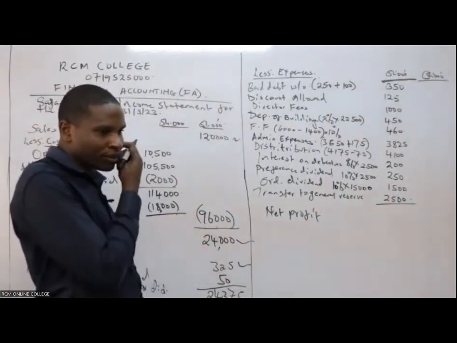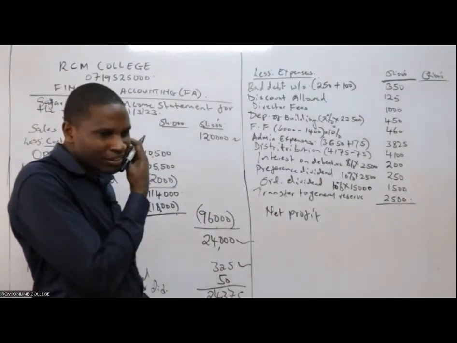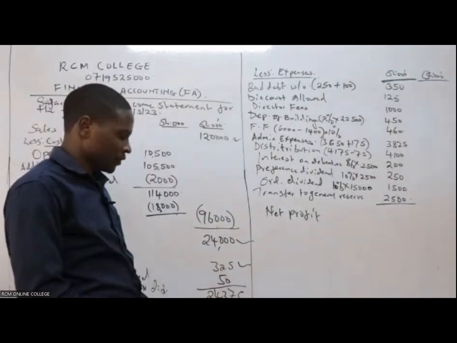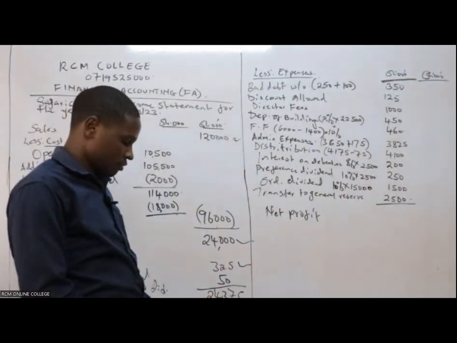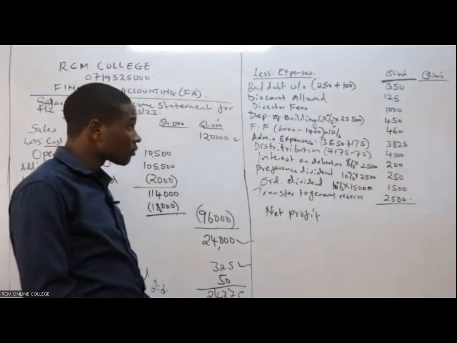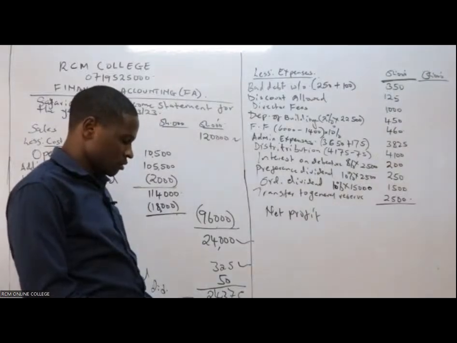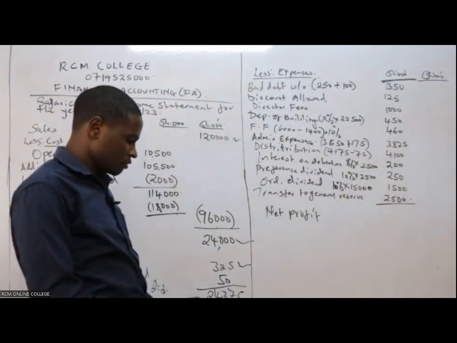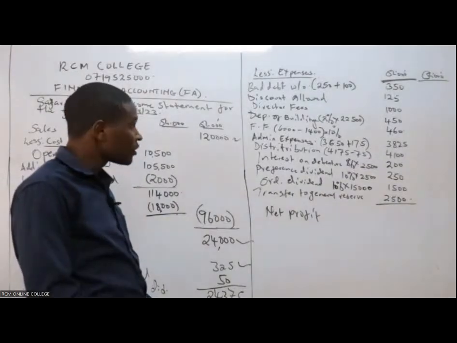Now after correcting that, let's be a bit fast. You have to do it again: plus 125 plus 1,000 plus 450. We have to compare these.